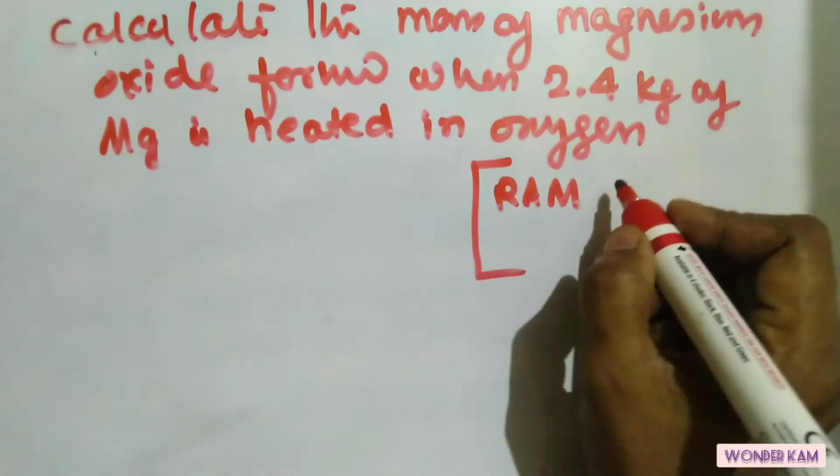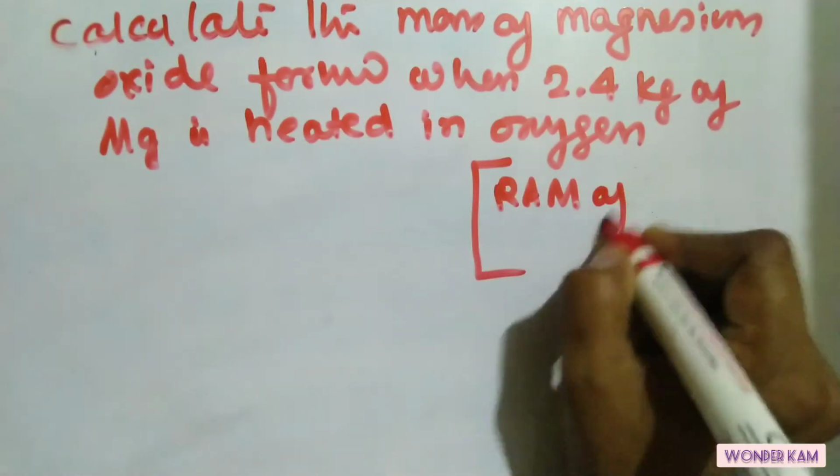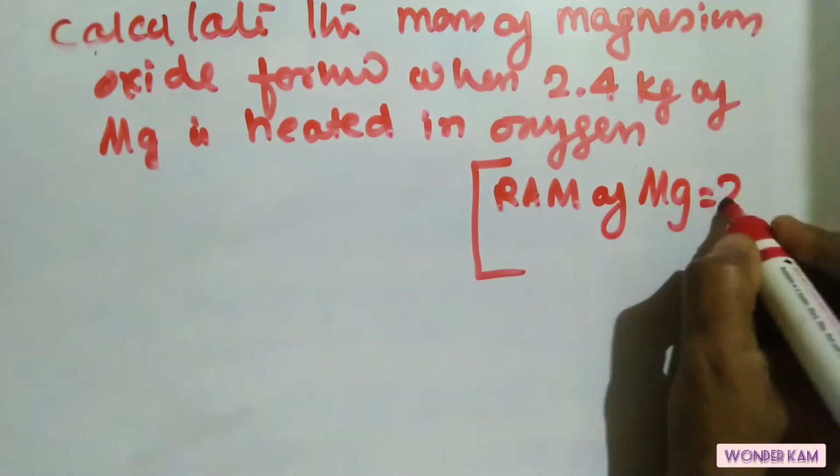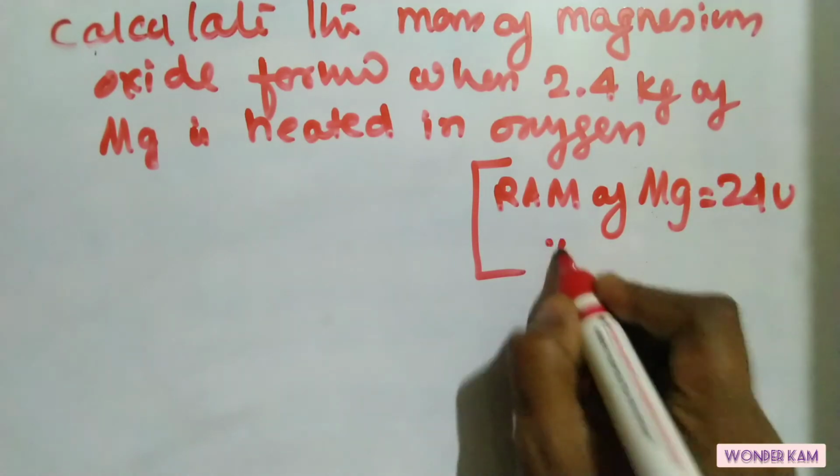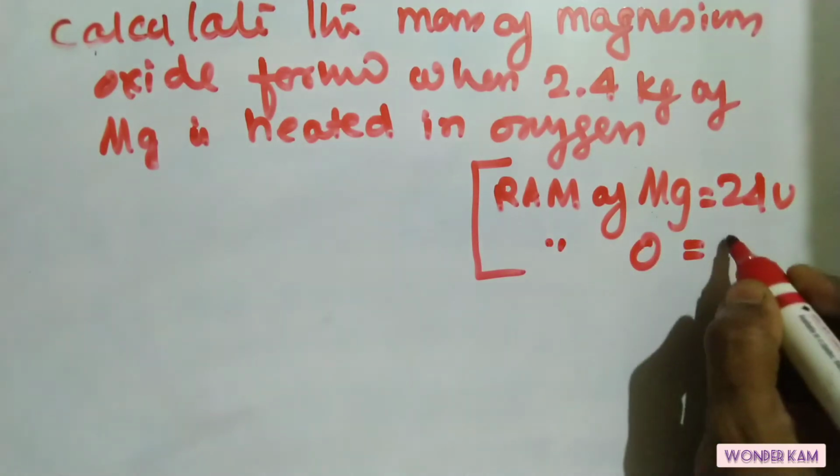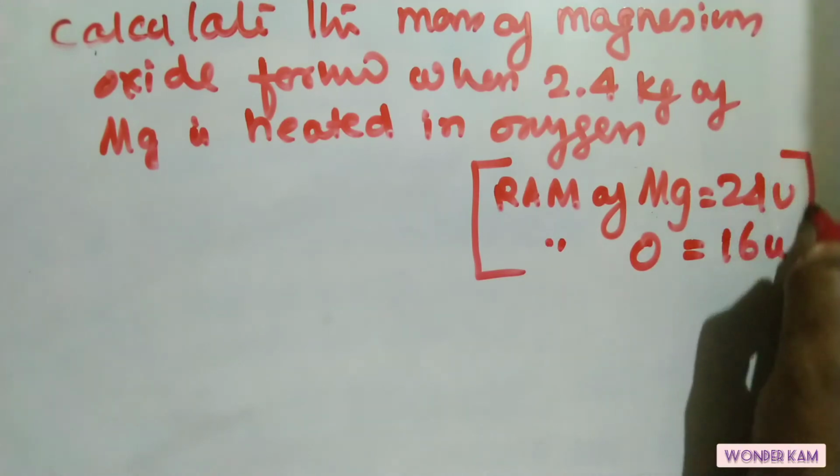Given the relative atomic mass of magnesium is 24 u and that of oxygen is 16 u.